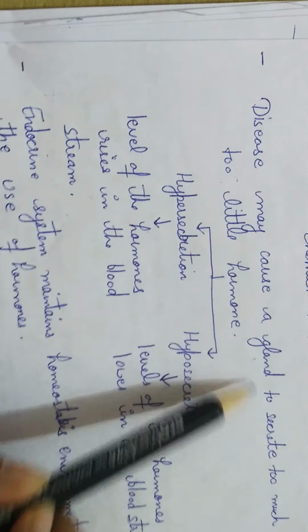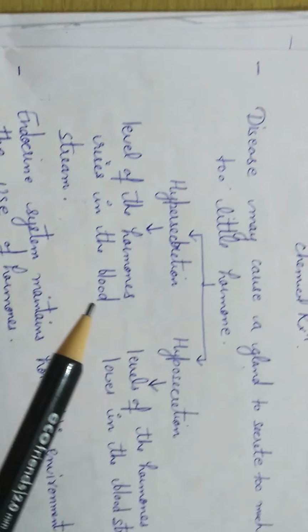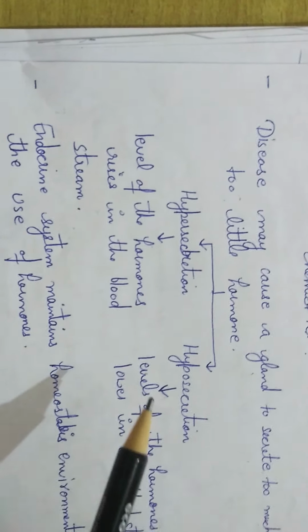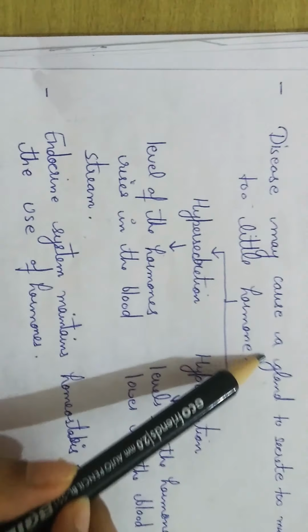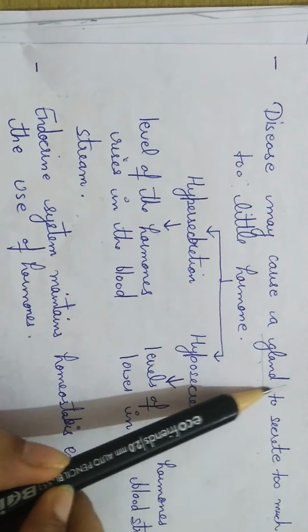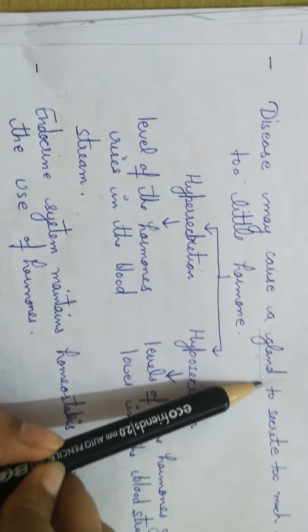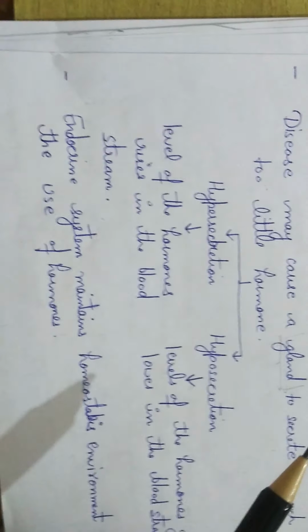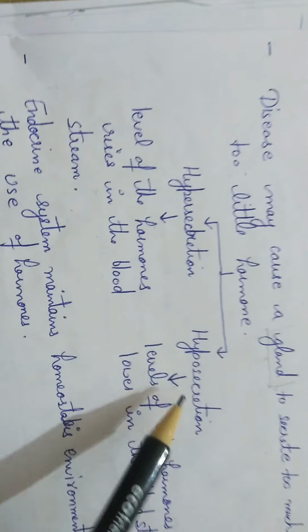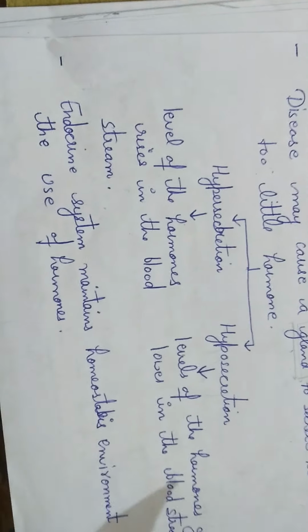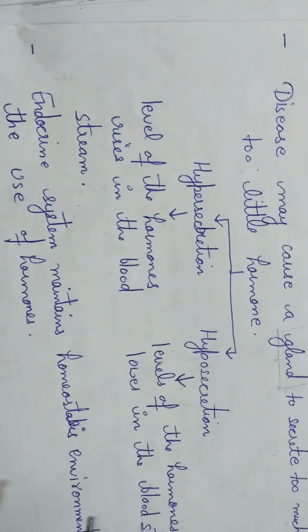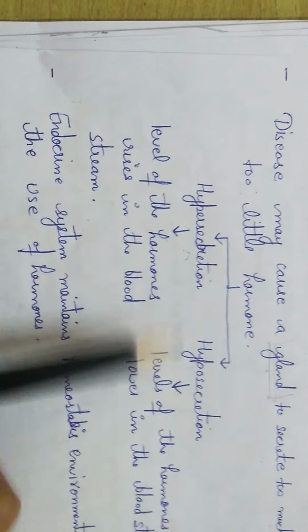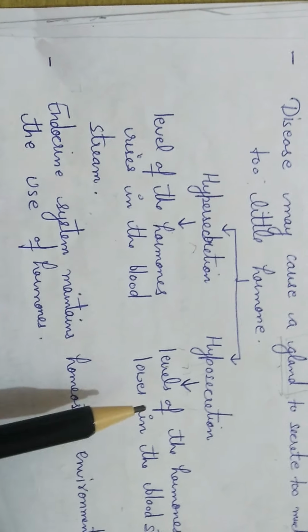The gland is secreting the hormone at a very high level, isn't it? That means the gland is having some kind of disease, or it may be a tumor of the gland. Any disease state can occur. And if there is a hyposecretion, that means your levels of hormone are low in the bloodstream, so their level has to be maintained.